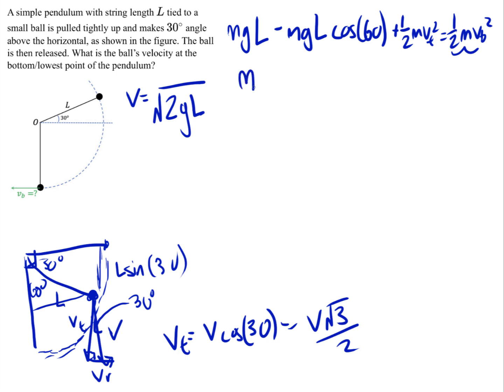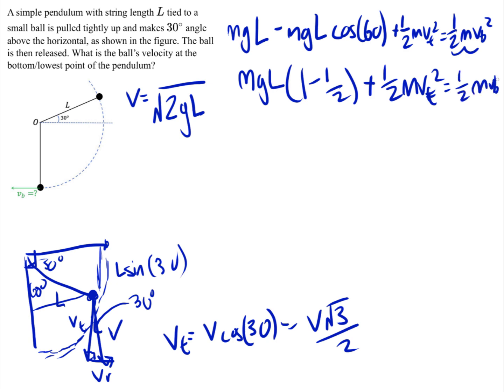So we can go ahead and factor this whole part out: 1 minus the cosine of 60. 1 minus the cosine of 60 is actually 1 minus 1/2, since the cosine of 60 is 1/2. And going to 1/2 m v_t squared equals 1/2 m v_b squared.